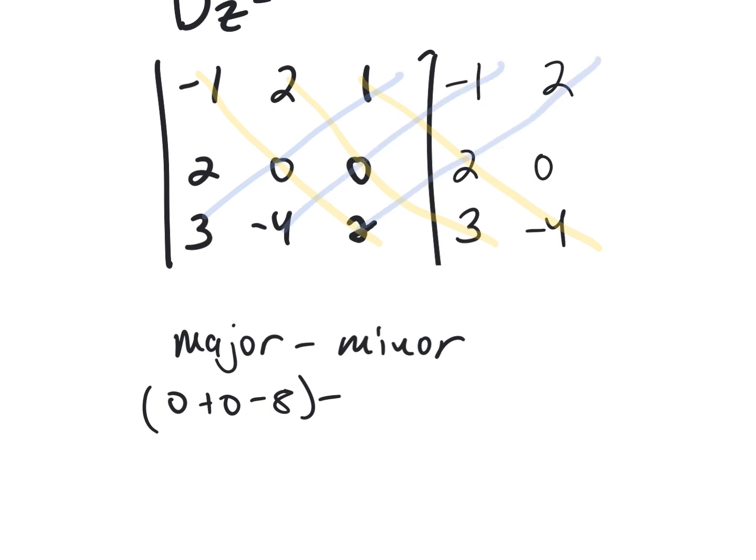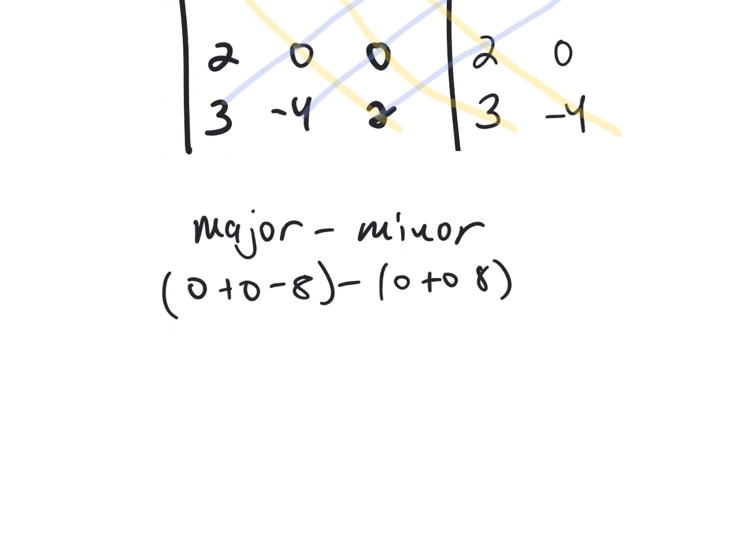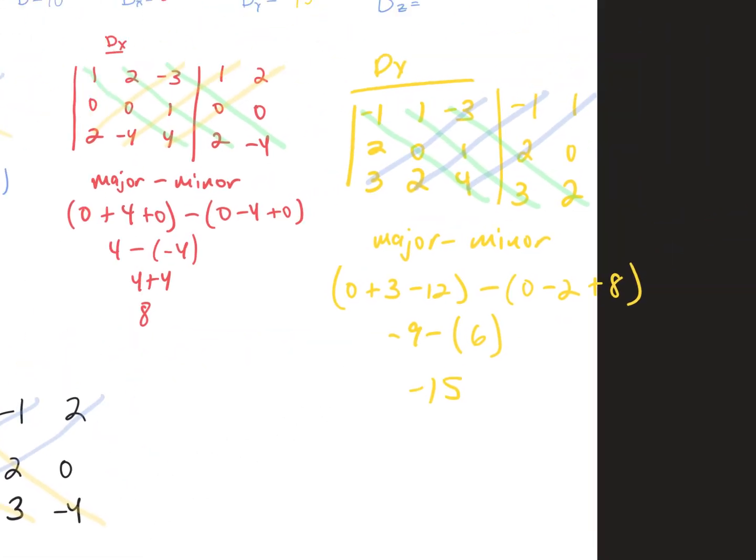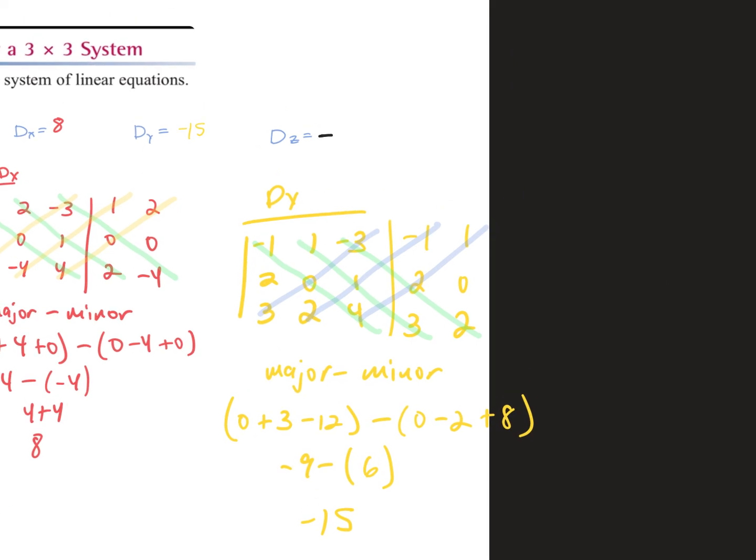What is 3 times 1 times 0? 0. What's negative 4 times 0 times negative 1? 0. What's 2 times 2 times 2? All right, so 0 plus 0 minus 8 is negative 8 minus, what's 0 plus 0 plus 8? 8. What's negative 8 minus 8? Negative 16. So my d sub z is negative 16.